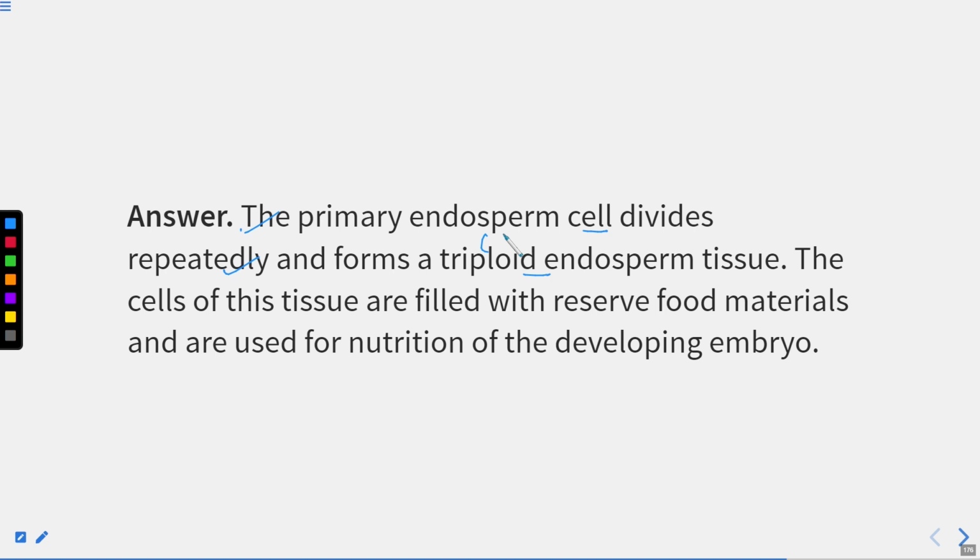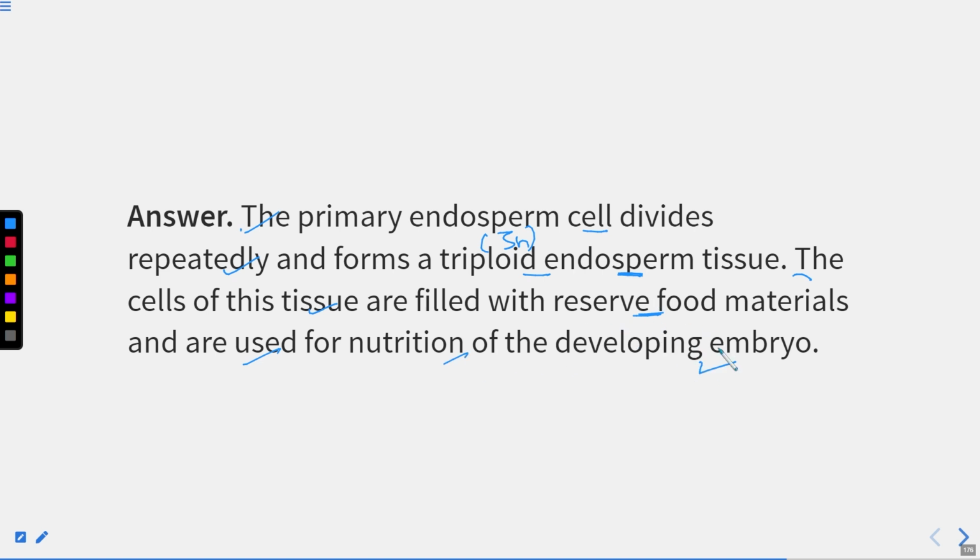Triploid means 3N. It contains 3 chromosome sets. The cells of this tissue are filled with reserve food materials. So, endosperm is a nutritive tissue. It consists of reserve food materials, and these reserve food materials are used as nutrition for the developing embryo.